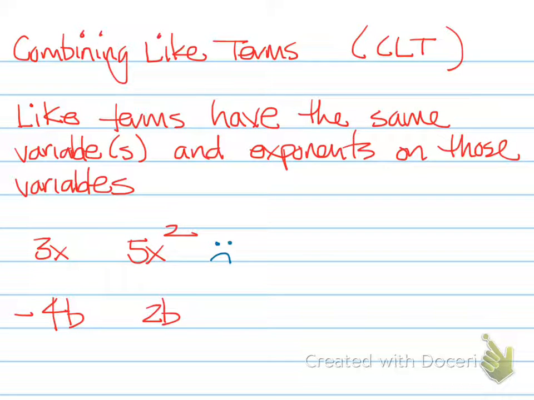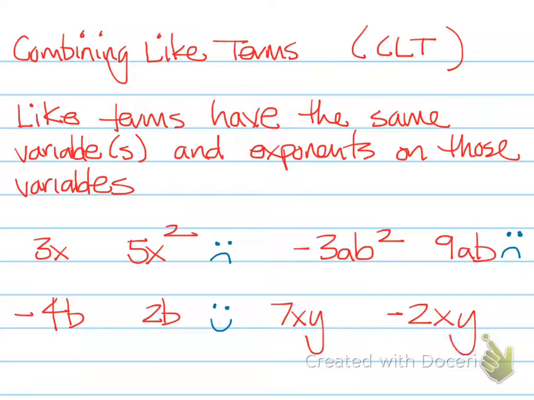Negative 4b and 2b are like terms because they both have a b, and both b's have an exponent of 1. Negative 3ab squared and 9ab are not like terms because although they have the same letters, the first term has a power of 2 on the b, and the second term has a power of 1 on the b.